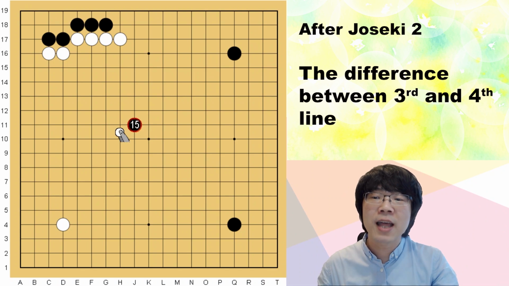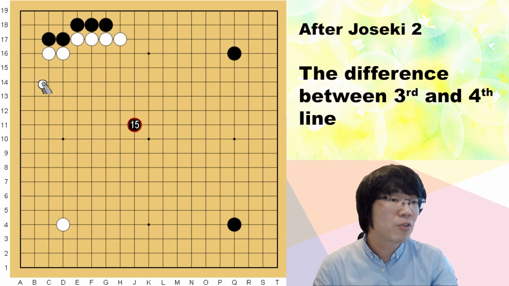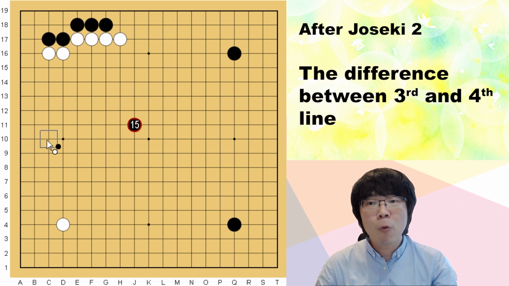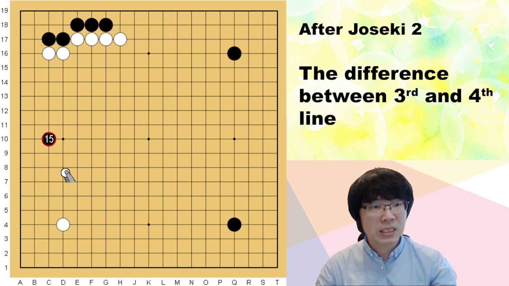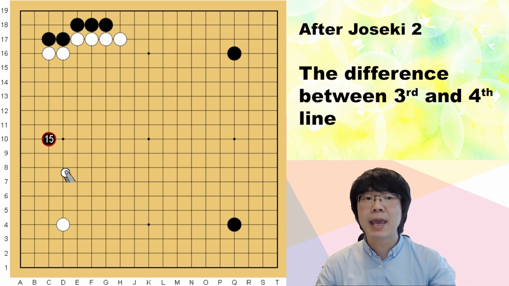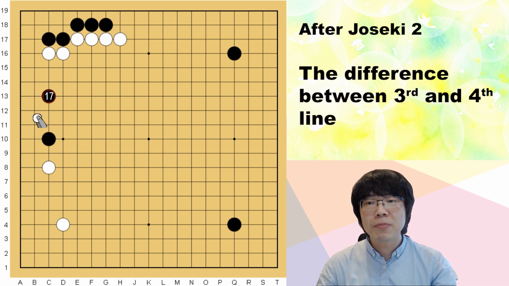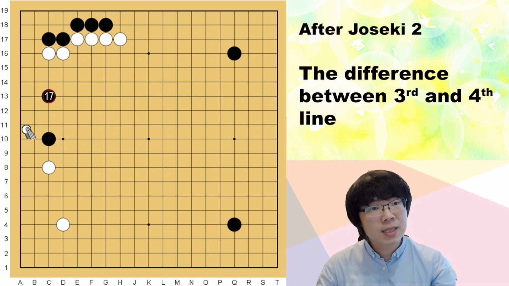So now is the timing, because you gave influence to white. What I want to say is that a long time ago we always played the third line split. The reason is that even when white approaches here, when we play the two space jump, your base is quite stable. That was what we were doing before.